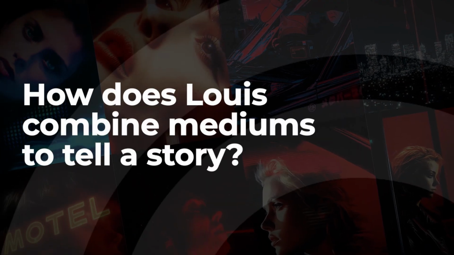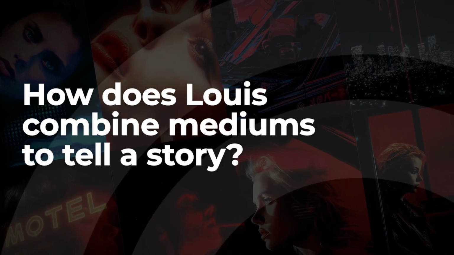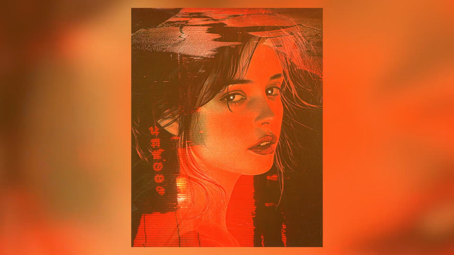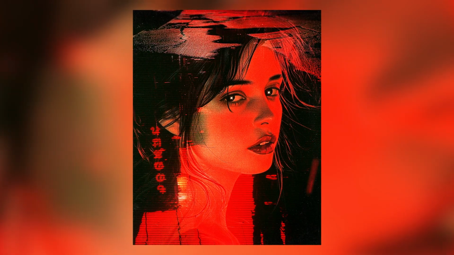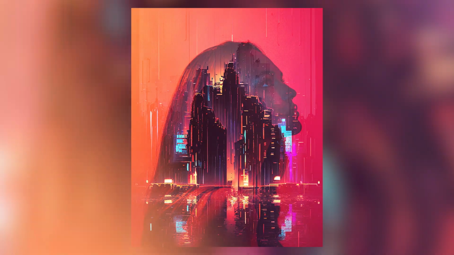How does Louis combine mediums to tell a story? I chose Louis because I think his work is stunning. I look at it and it gives me this 1980s noir film poster vibe. Every time I see the work, I'm drawn into a bigger story from it.